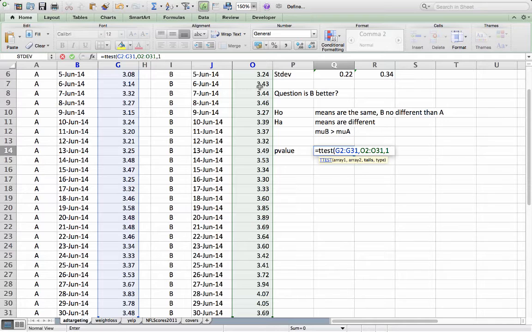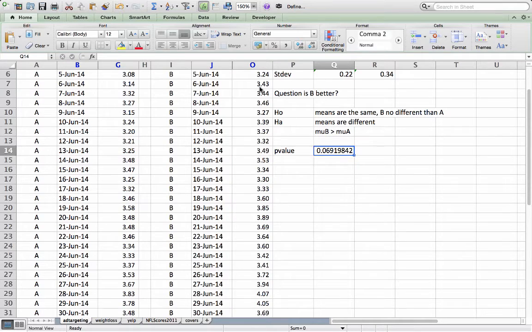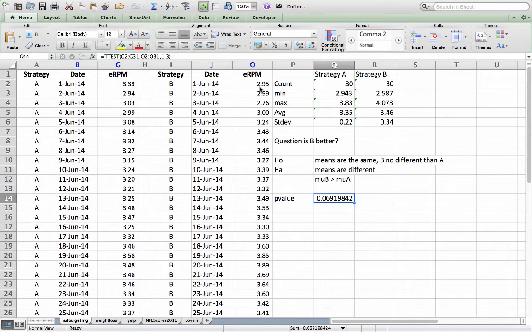So let's hypothesize here that, as our alternative, that the mean of B is going to be bigger than the mean of A. And again, let's do our unequal variances, even though we have samples of the same size. And we see here that the p-value is bigger than 0.05. Right, so with a traditional two-sample t-test with unequal variances, we could not reject the null.